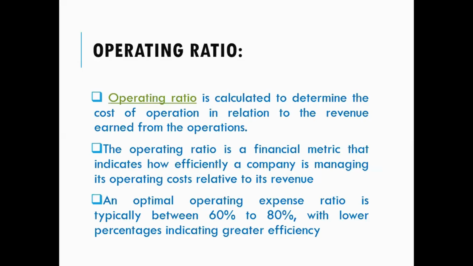Operating ratio is calculated to determine the cost of operating in relation to the revenue earned from the operation. The operating ratio is a financial metric that indicates how efficiently a company is managing its operating cost relative to its revenue.